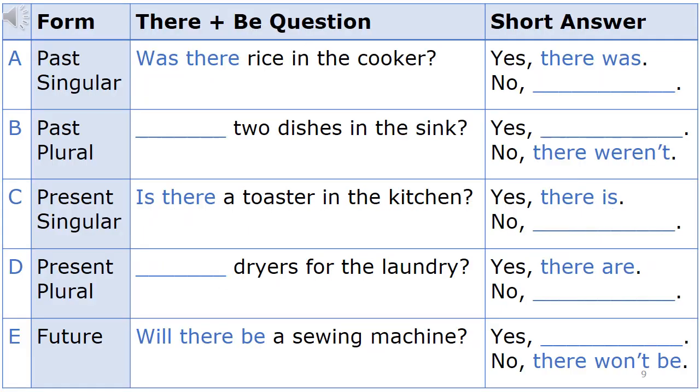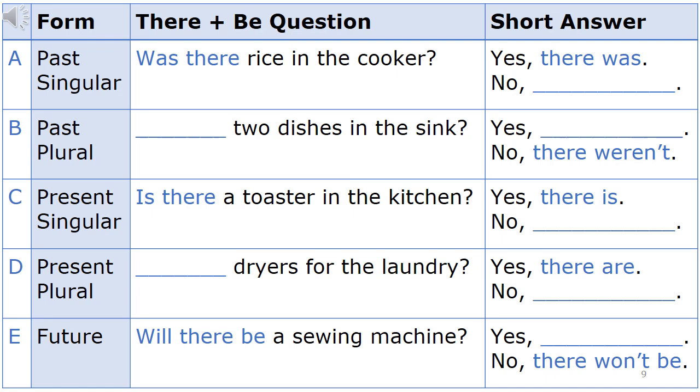Form. There plus be question. Short answer. A. Past singular. Was there rice in the cooker? Yes, there was. No. B. Past plural. 2 dishes in the sink? Yes. No, there weren't. C. Present singular. Is there a toaster in the kitchen?